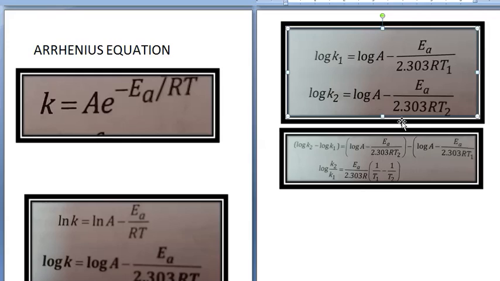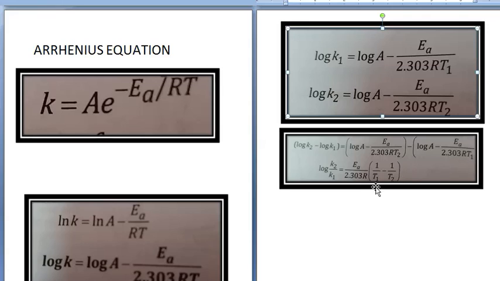Now from both these equations, subtracting the first from the second, you get log K2 minus log K1 is equal to log A minus EA upon 2.303 RT2 minus log A minus EA upon 2.303 RT1.